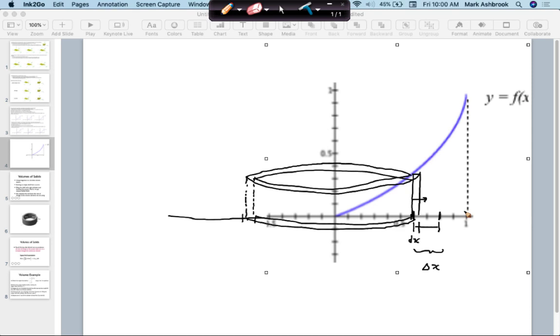Is the radius changing or the height changing or both? It's growing in radius, right? And then through the whole interval, the height stays constant. Whatever that height is at the beginning of the interval, the height stays constant through the whole interval. So in this case, radius is changing.